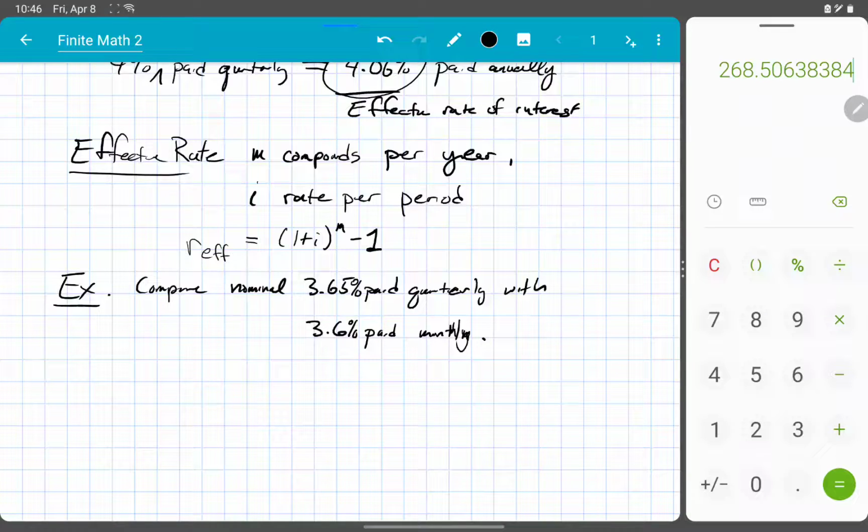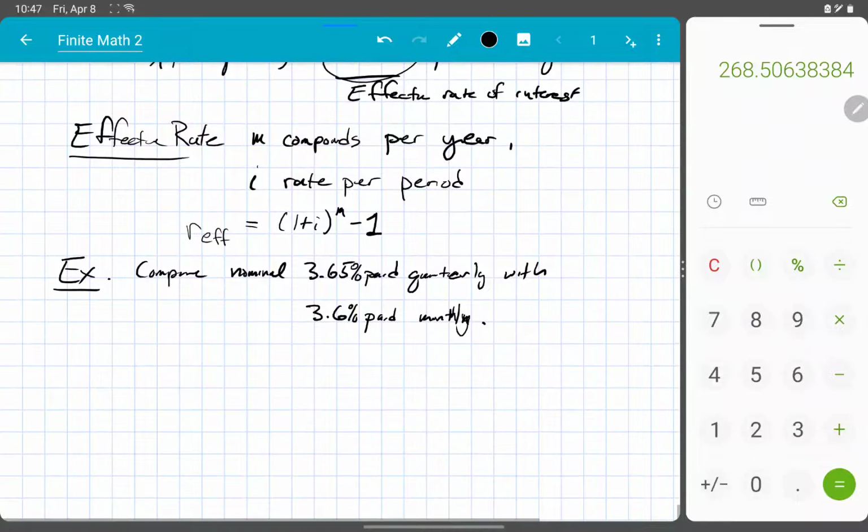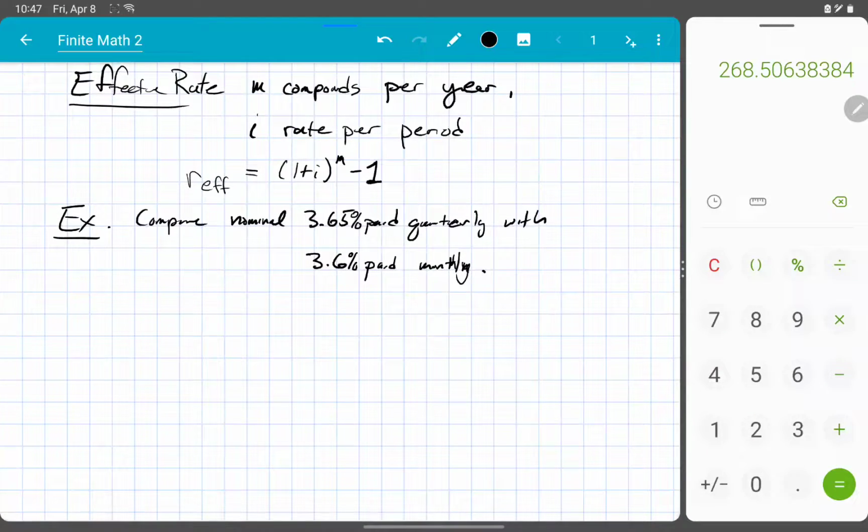We want to see which one is going to leave us with more at the end of a year. Okay, let's see. So the 3.65% quarterly, let's do this calculation first.